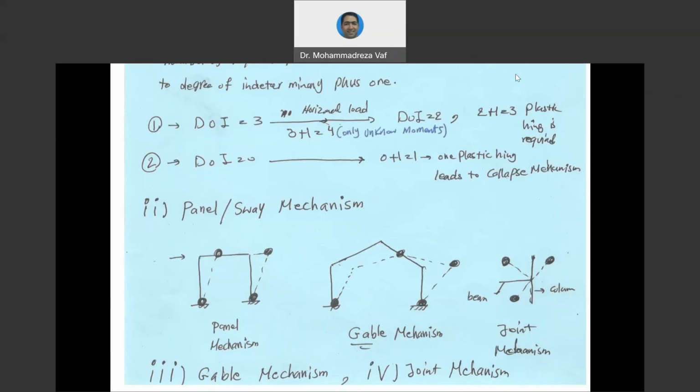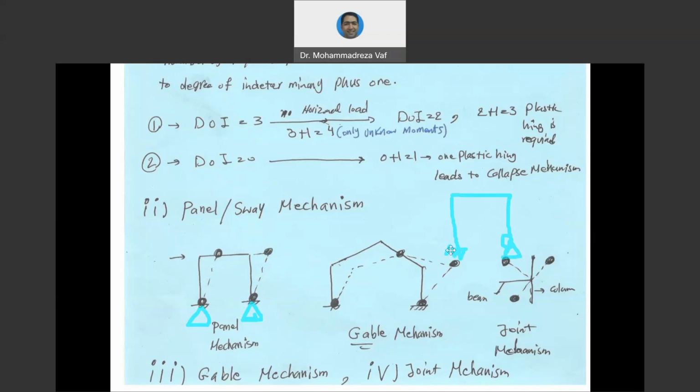So again, if your support conditions are basically pin conditions, these two are already hinged, and you need to have 2 plastic hinges for the frame to collapse.